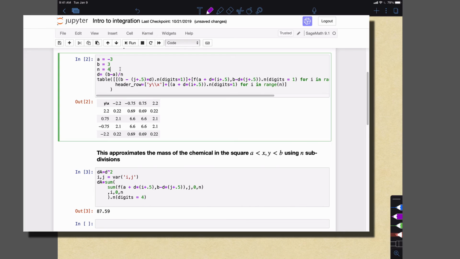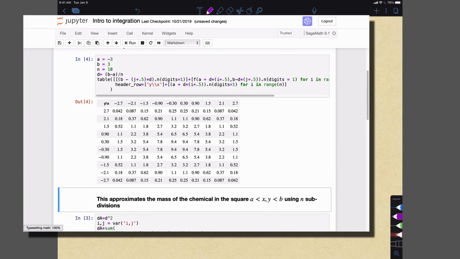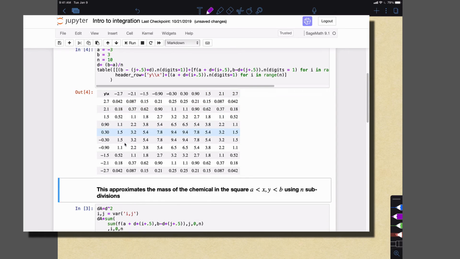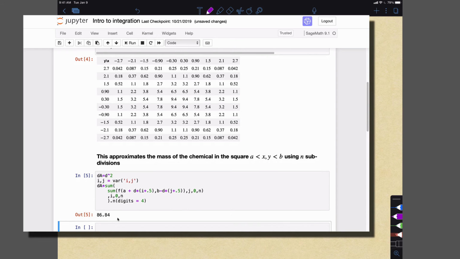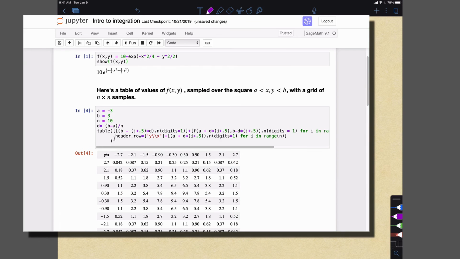If we bump up n, we'll get more squares in each direction. Now this is still going from -3 to 3 in both directions. We're just slicing it up more finely. We can ask again for some of that. It's not too far off. We could ask for lots of them.